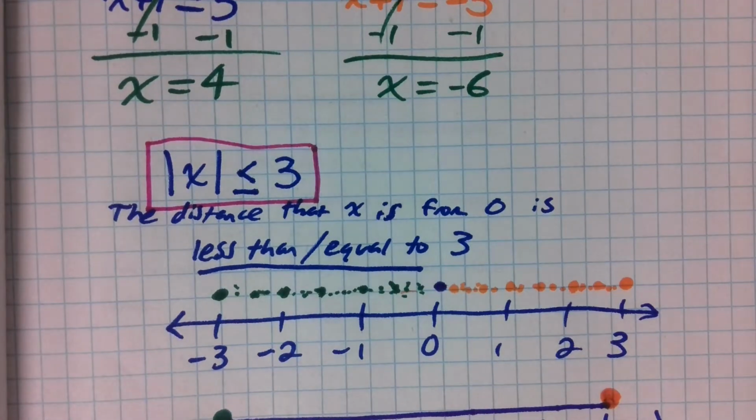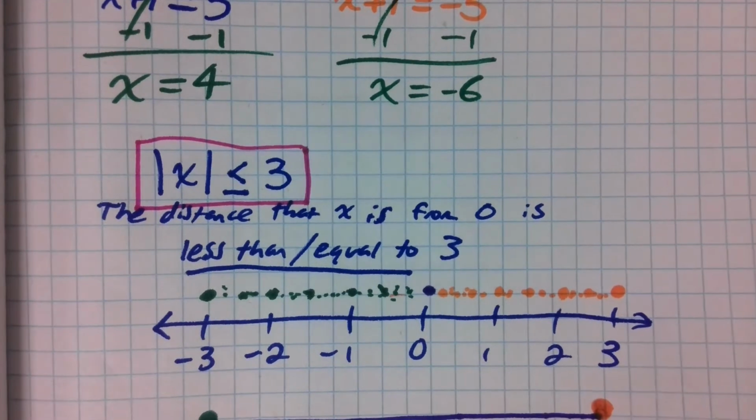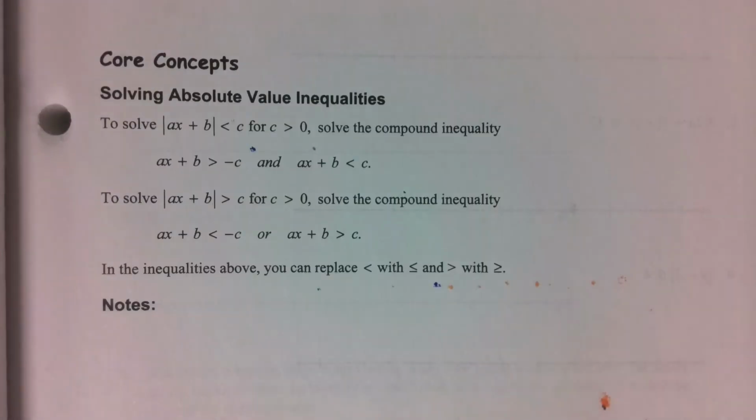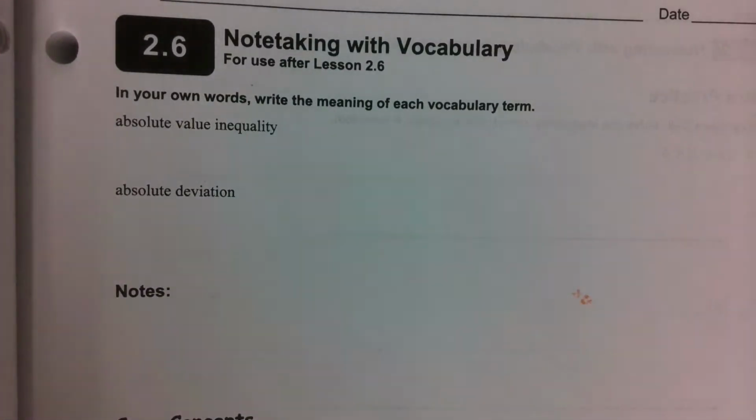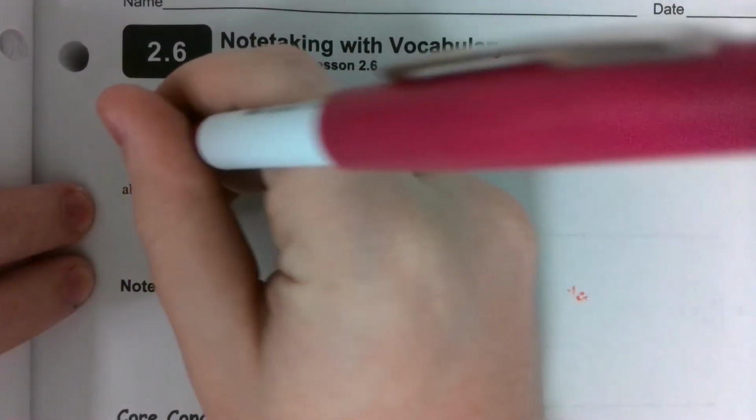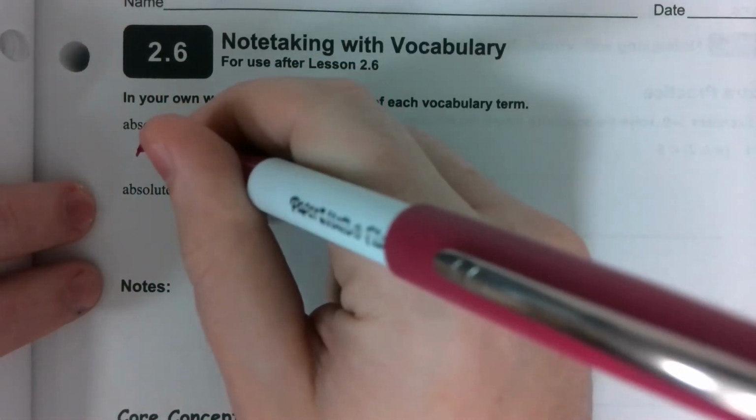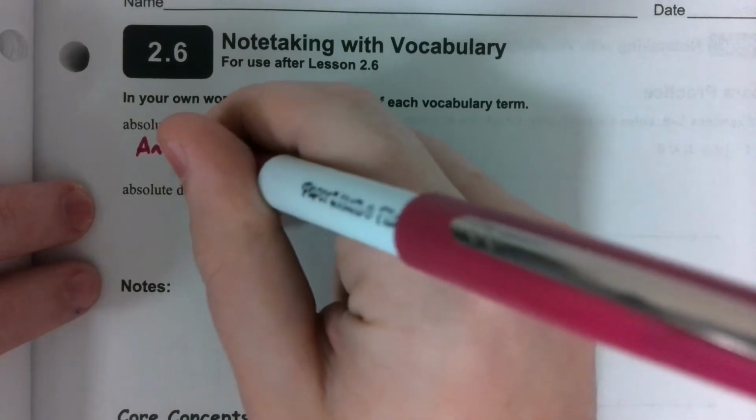In other words, the way that we solve an absolute value inequality and the way that we solve a compound inequality are very, very similar. So, here's what I'd like us to take a look at. I'd like us to open up our notes again, and let's get down some of these definitions. To start off with, we've talked a lot about absolute value inequalities.